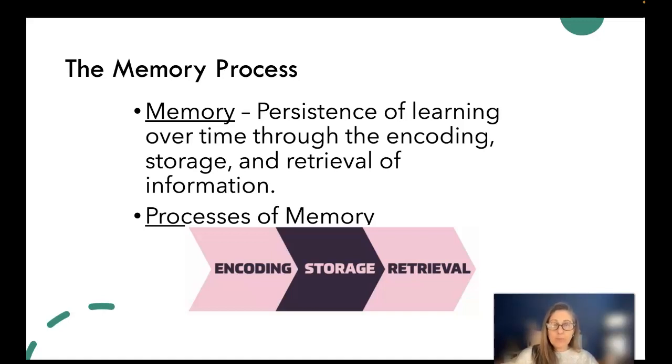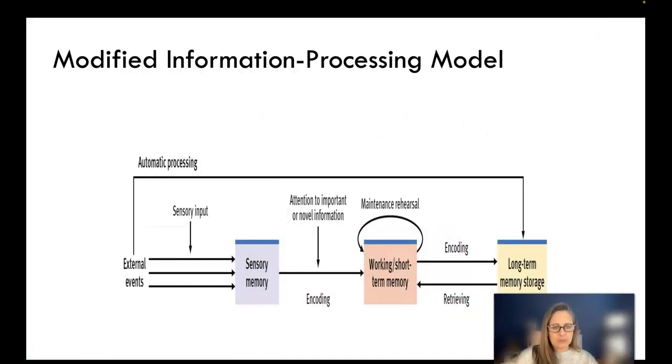So with memory, we have those three processes, but we have another three. In the information processing model of memory, there are three parts. You can think of them as three stages in the memory process, but we often use parts because stages imply things are going one way.